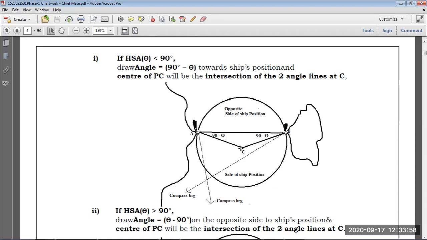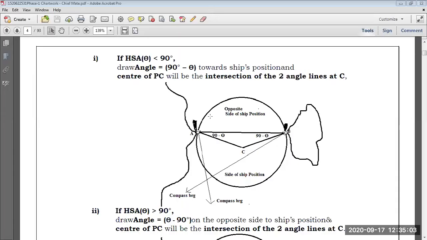So the angle at the center will be double the angle at any point on the circumference. So this is a geometry rule: angle D will always be half of C, or angle C at the center of the circle will always be double the angle you draw at the outer circle, or circumference, of the circle.